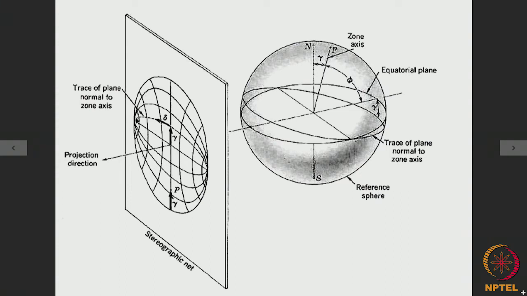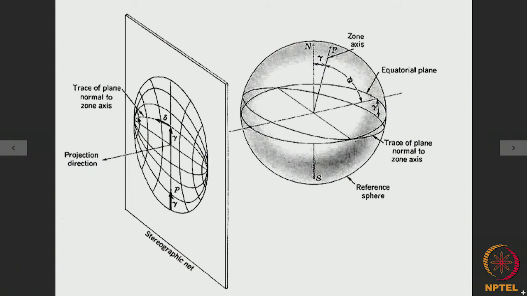So, if we have a number of planes belonging to a particular zone, and the corresponding value of tilt is gamma, then this is the location of the trace of all the poles, all the planes that will belong to that particular zone.